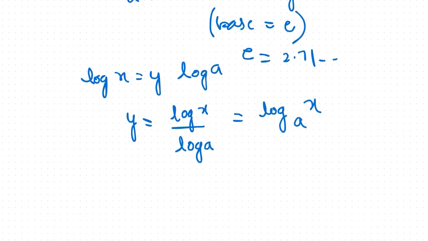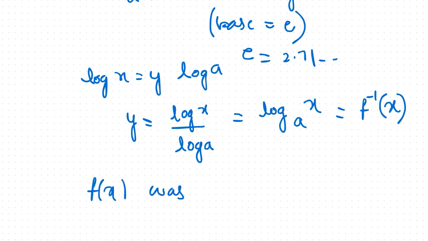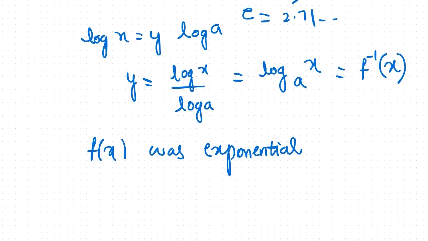So notice something: this is my new y, so this is my f inverse of x. Notice something: f of x was exponential, and f inverse of x is logarithmic. So logarithmic and exponential are inverses of each other.